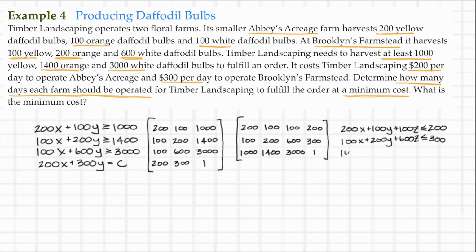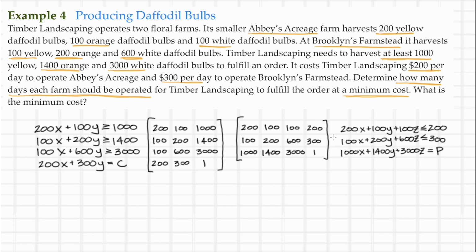And finally, we have 1000x plus 1400y plus 3000z, and that's going to be equal to p for profit. Of course, we recognize it as maximization. So now here is our dual problem, which is a maximization problem, the dual of the primal problem, which is a minimization problem.